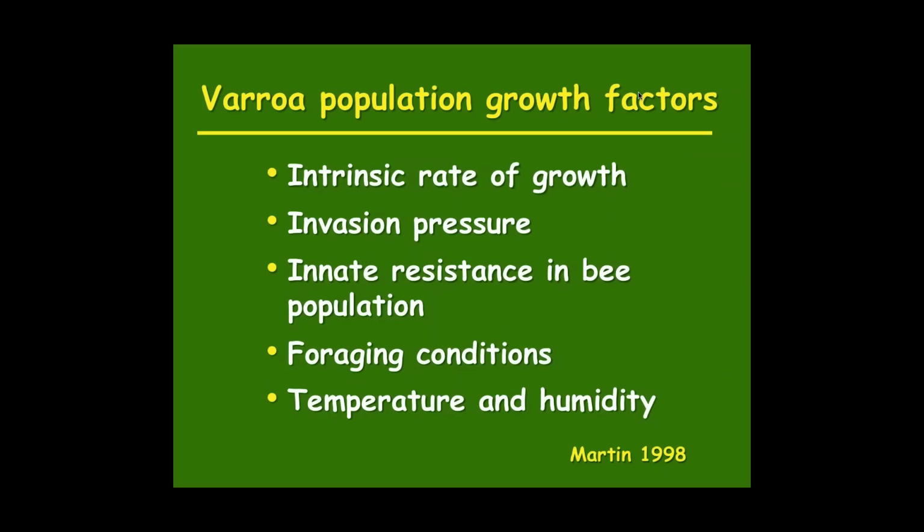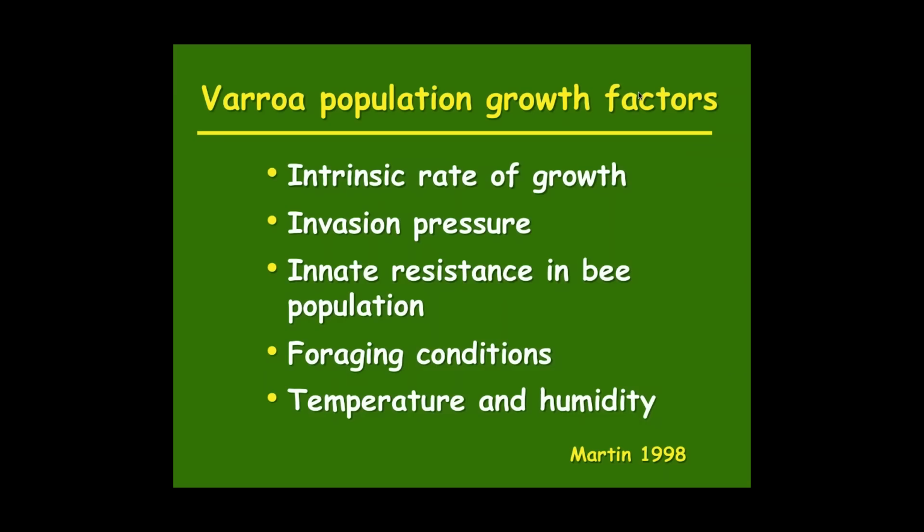Okay, so the other things you need to know is about the growth rate of Varroa in your colonies so that you can determine where you're going to be at 3 months down the road with Varroa if you find them in your colonies. So you need to know about the intrinsic growth rate. That means if we put the bees out on an island where there are no other bees around, how fast would the Varroa population grow in those colonies?